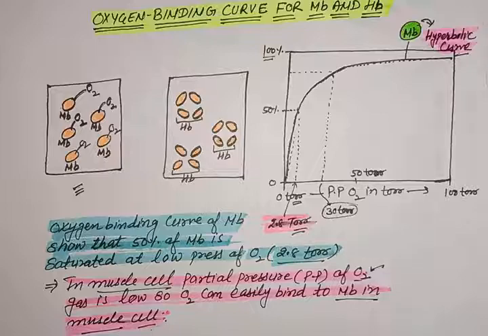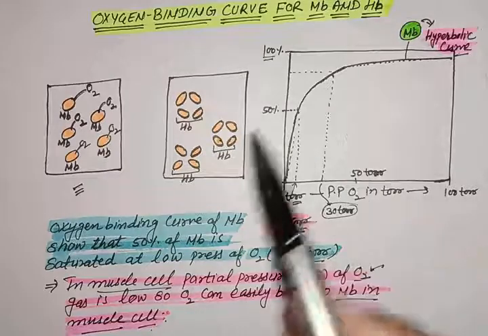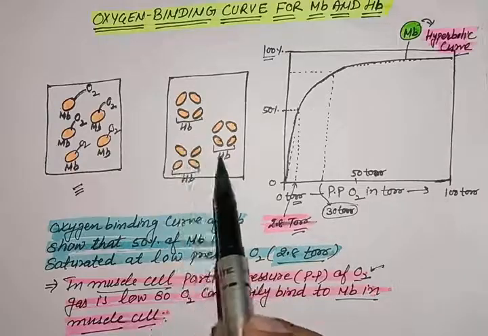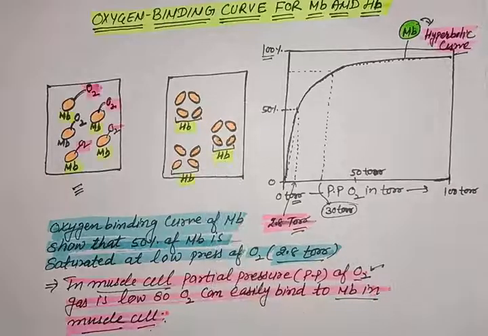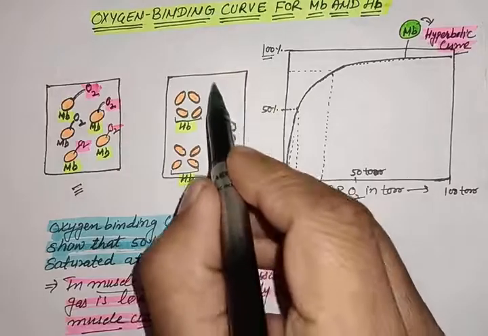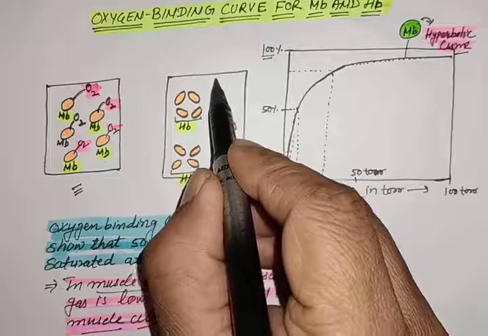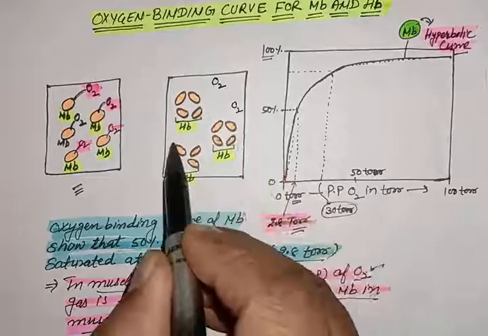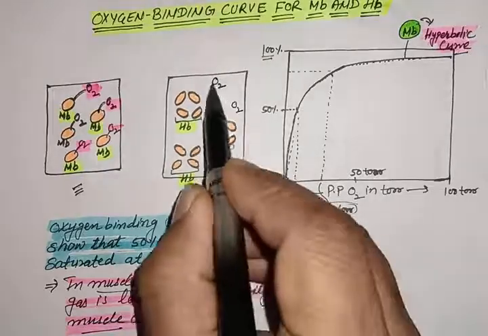If we compare this graph to hemoglobin, each hemoglobin molecule has 4 heme groups. When the amount of oxygen is very small, or I can say the partial pressure of oxygen is very small, there is a competition between these heme groups to attach to this oxygen.